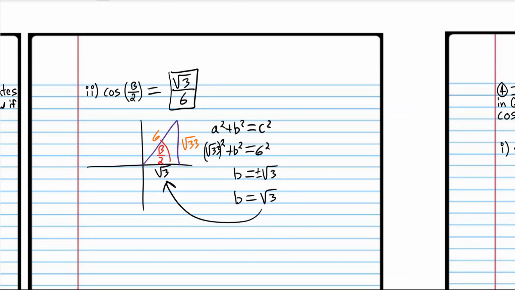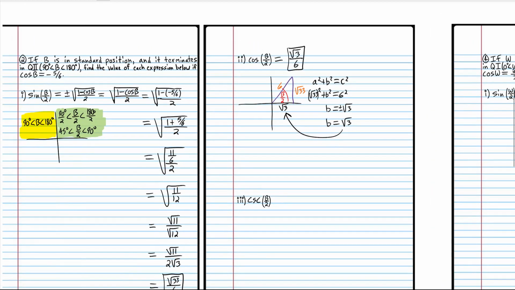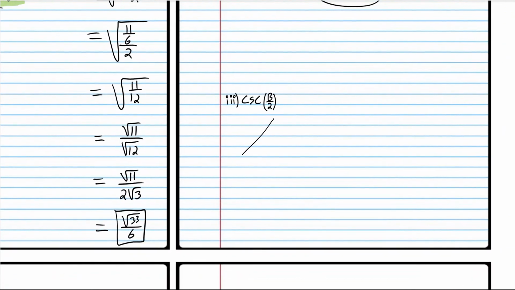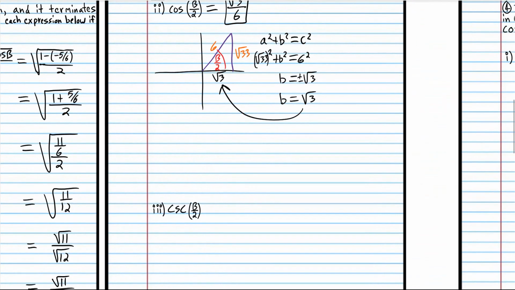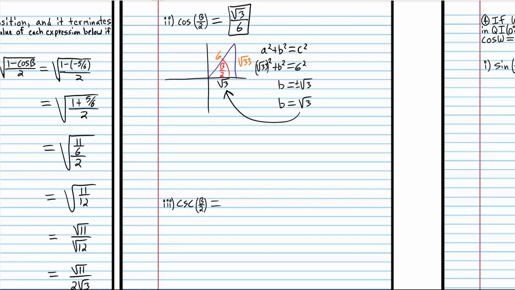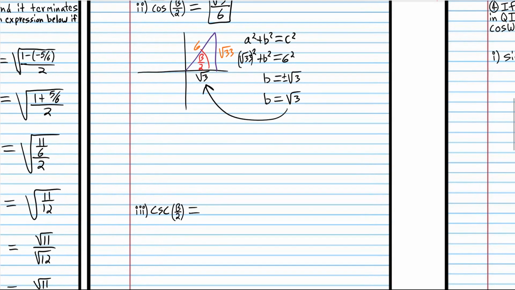Now let's find cosecant B/2. We know sine B/2 is √33/6, which allowed us to find this information here. But now that we have that triangle, we can just say that cosecant B/2 is the hypotenuse of that triangle divided by the side opposite.